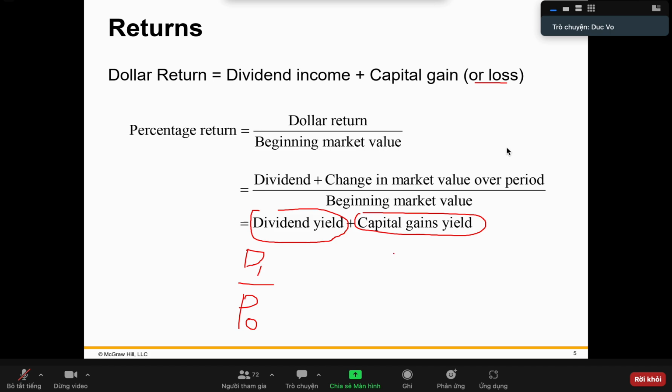Whereas the capital gain yield is the price today minus the price yesterday, divided by the price yesterday. Right. So the second component is the capital gain yield, and the first component is the dividend yield. And the total will tell you your total percentage return.